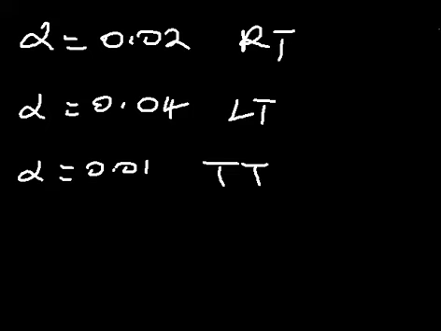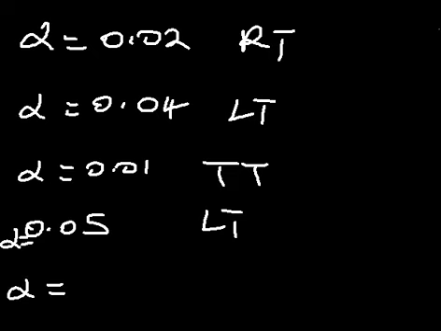And what if we have 0.05, and that should be left-tailed? And how about if we have this case, let's say 0.005, that should be a two-tailed test.